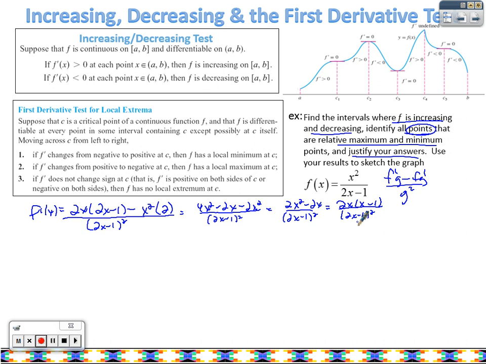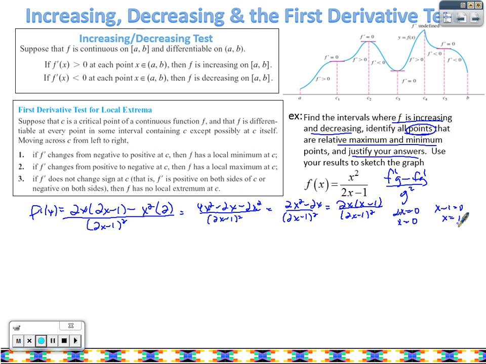So I'm really just working with the numerator. I'm going to set it equal to 0 and find out what makes it 0. So we know that x is 0 and x is 1. Those are my stationary points.